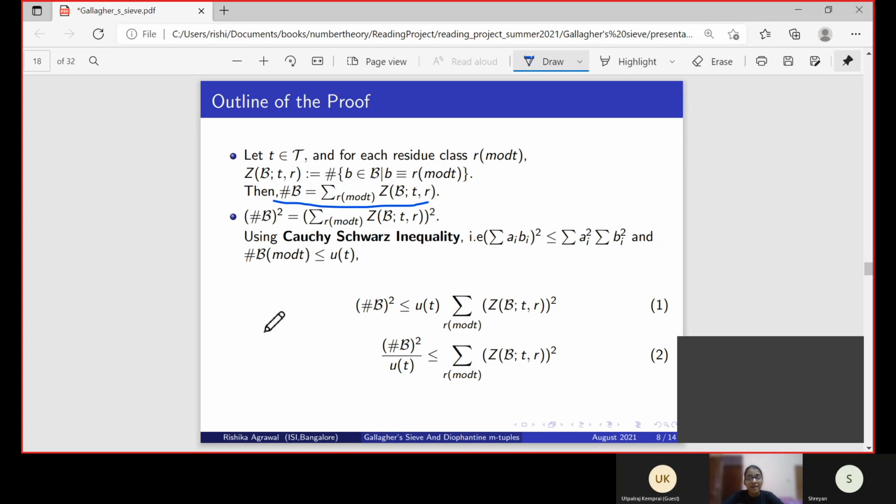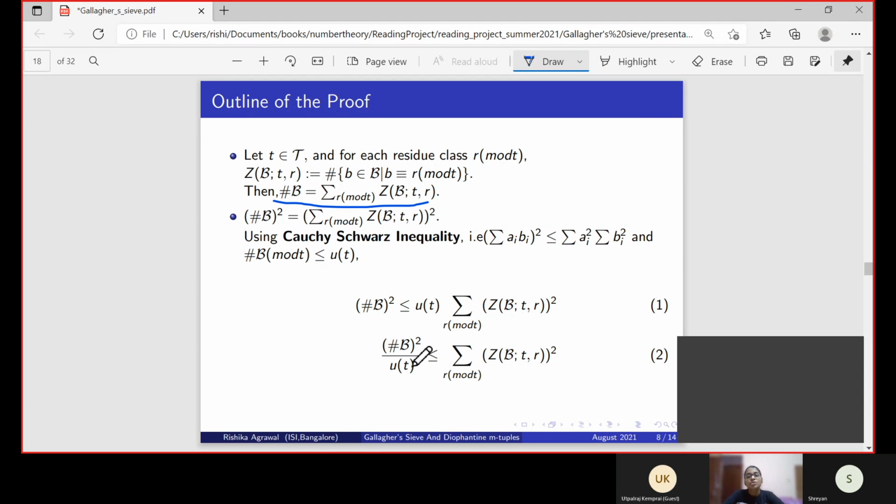And we are given that the size of B mod T is less than or equal to U_T. Using both these things, we write that the size of B, whole squared, is less than or equal to U_T times the summation of Z(B, T, R), whole squared, over R mod T.